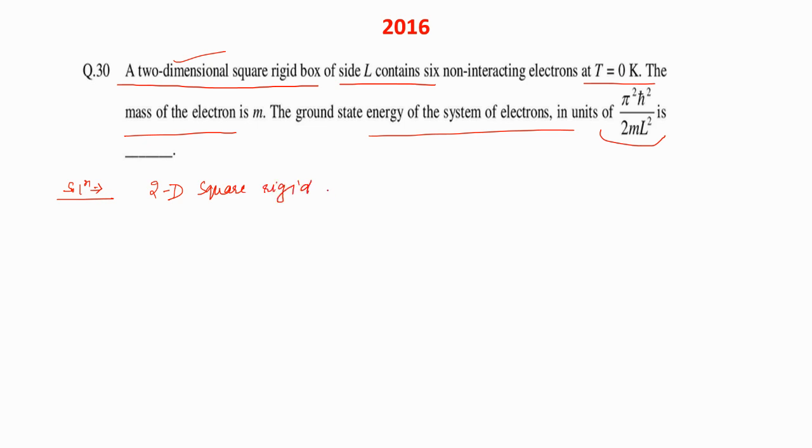In quantum mechanics, if you want to specify the dynamics of a particle, you should solve the Schrodinger equation, right?